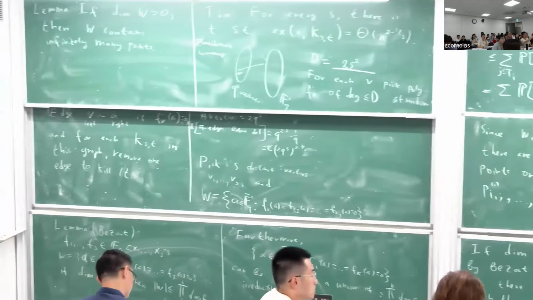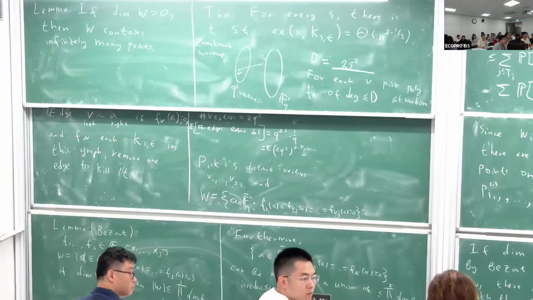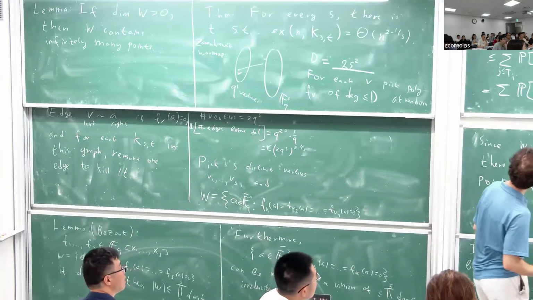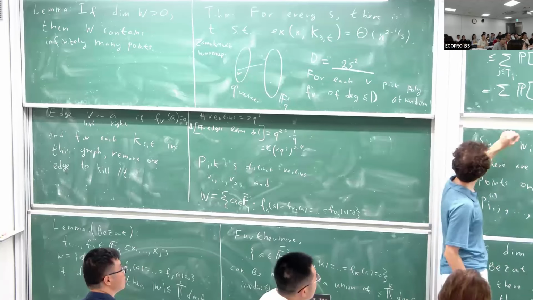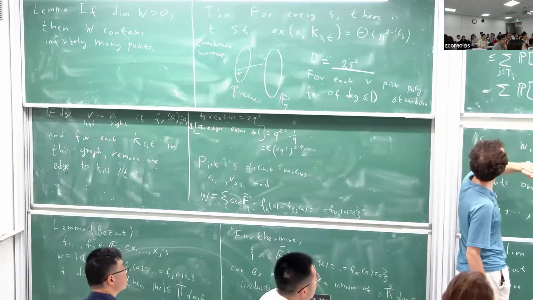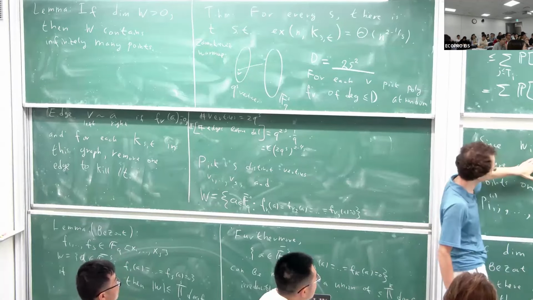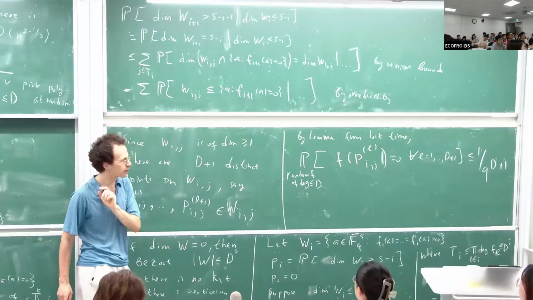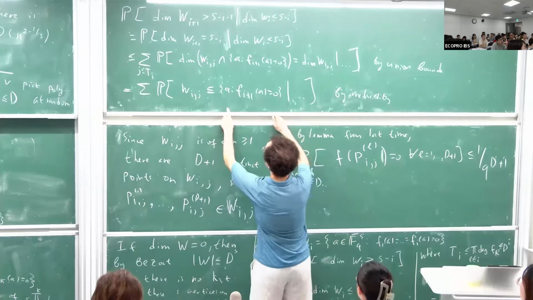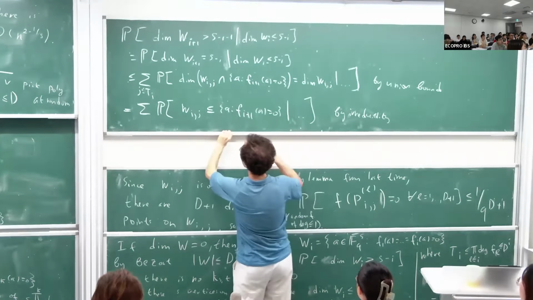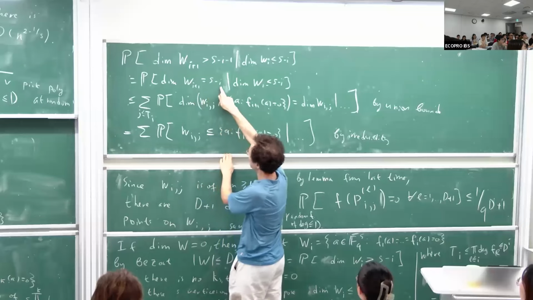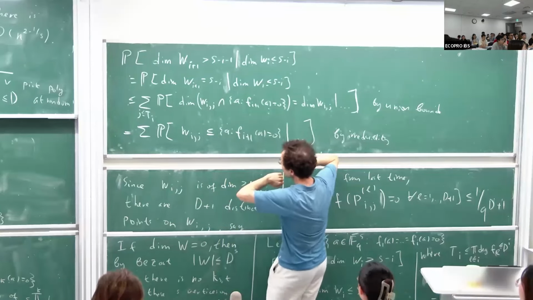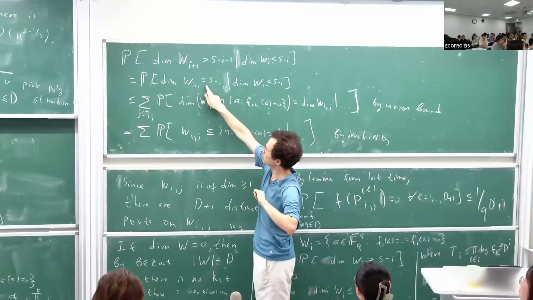Sorry, why is every L_{ij} of dimension at this point? Oh, we are trying to... okay, you are right. Yes, I can ignore those with dimension 0. That's probably what I should have said, right? Really I'm trying to estimate the probability that this dimension is too large. My i is at most s minus 1, so this is a dimension 1 or larger.